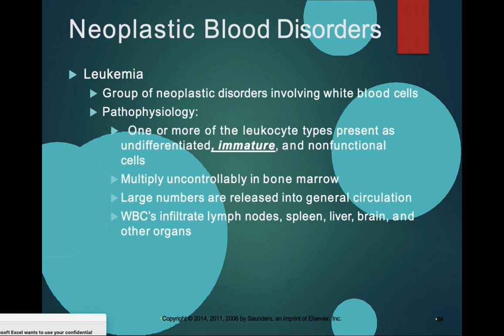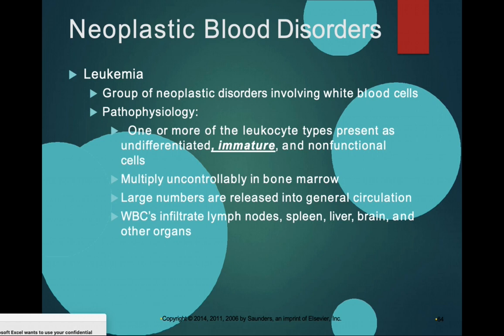Now let's look at the white blood cell side, right? We did the red blood cell, now we have leukemia, which is a group of neoplastic disorders involving the white blood cells. This is where one or more of the leukocyte types present as undifferentiated, immature, non-functional cells, right?